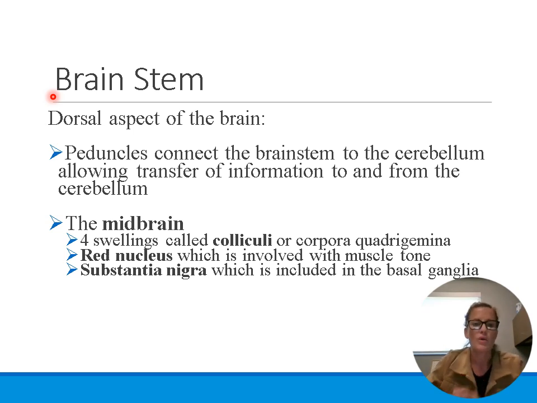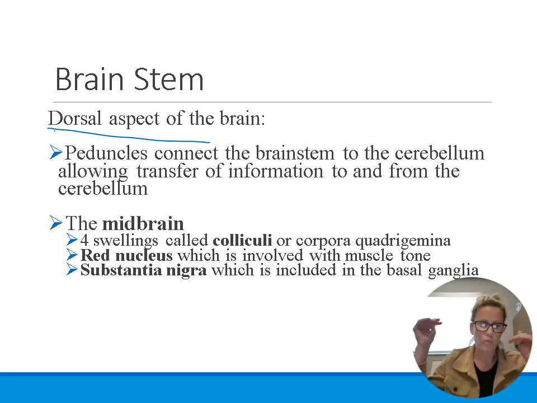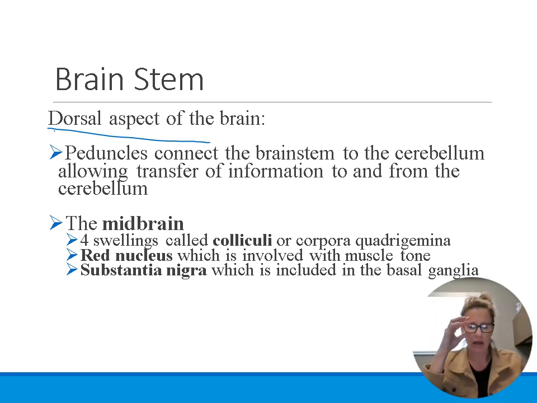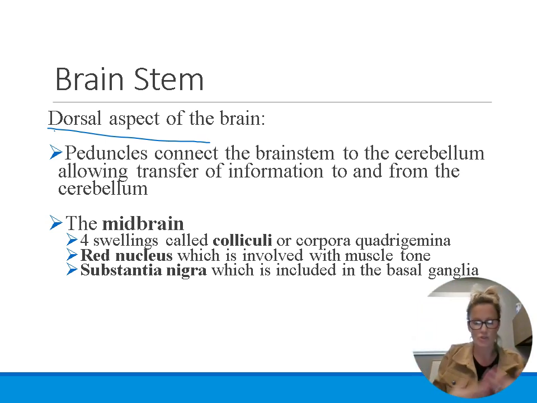When we look at the dorsal aspect of the brainstem, or the back of the brainstem, what you'll see is kind of like in that picture I was showing you when I was talking about dissecting the brain, how you can kind of pull it apart and look in and see the superior colliculi and inferior colliculi.